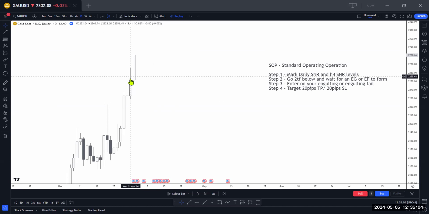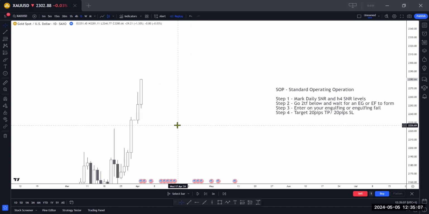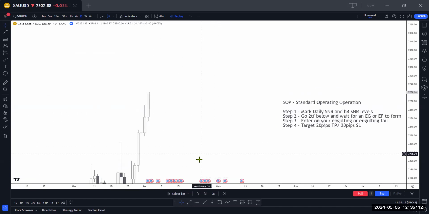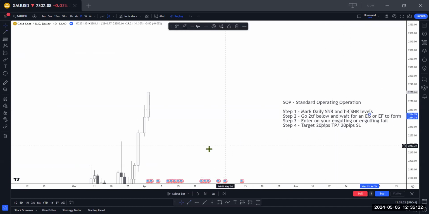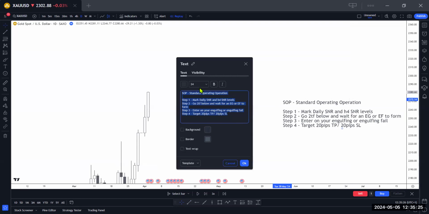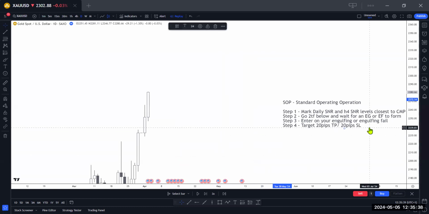I'm coming to the market on Wednesday, and I want to trade the next day. Which levels will I be interested in? The first thing is to mark the daily SNR levels that are closest to current market price. I should have added that, but it's very good to be clear so people don't make mistakes. So step one is to mark daily and H4 SNR levels closest to current market price.